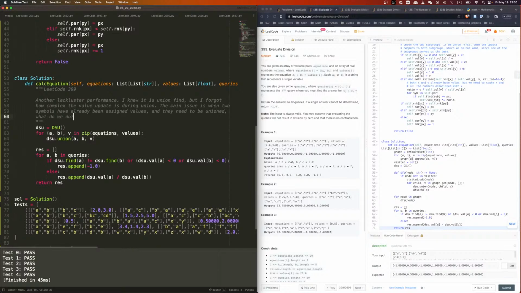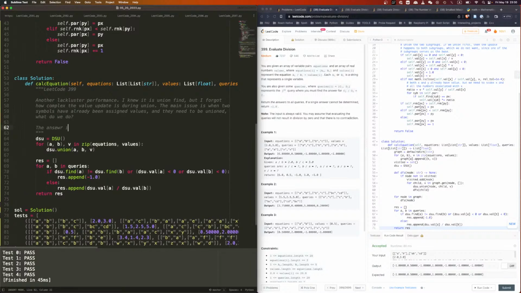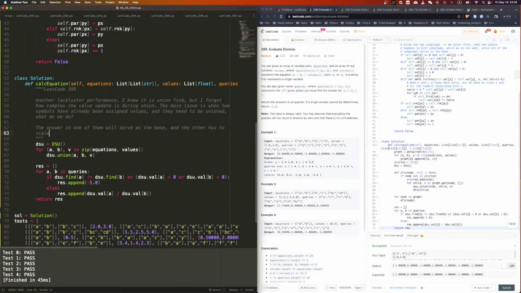What do we do? The answer is, one of them will serve as the base and the other has to scale.